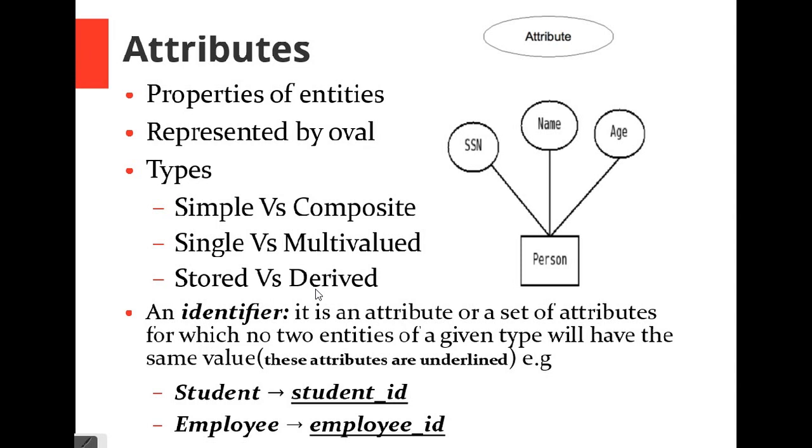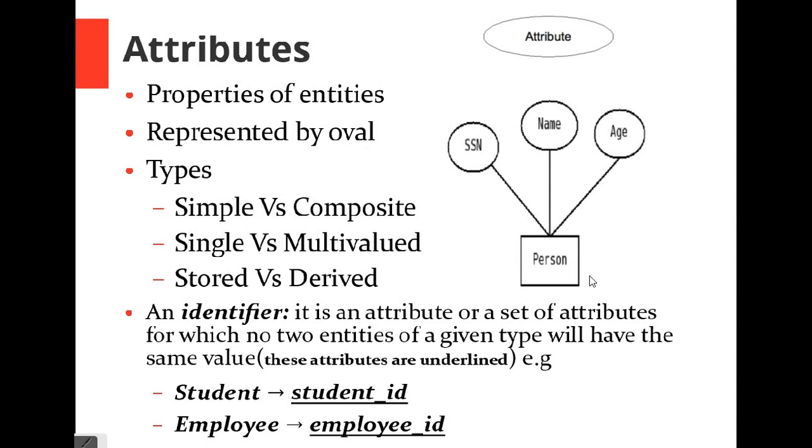Now there is a specific attribute which has a unique value for every record of that entity. For example, for every record of a person, we have just one record of a social security number for that person. So the social security number is known as the identifier because it identifies each person in the person entity.